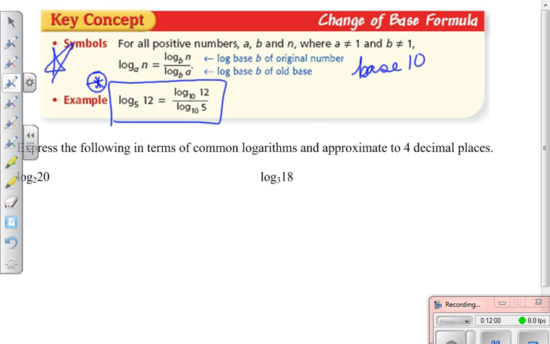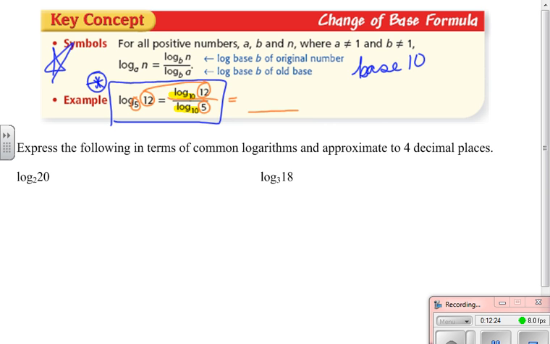If my original problem is log base 5 of 12, and I want to go to log base 10, I take log base 10 of 12 in the numerator, and I divide that by log base 10 of 5, which was the old base. And that will give me the answer.